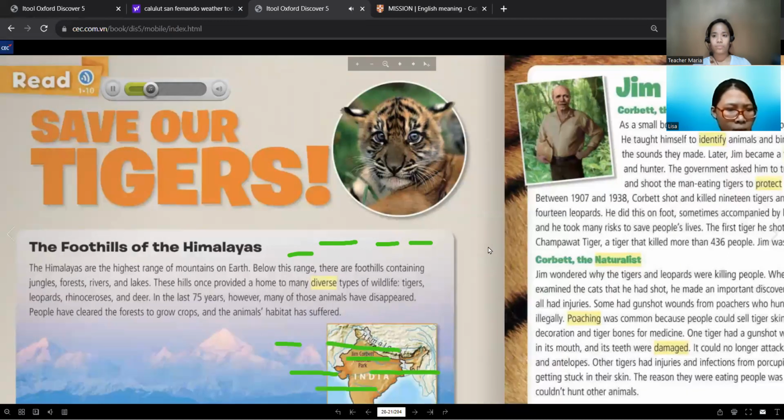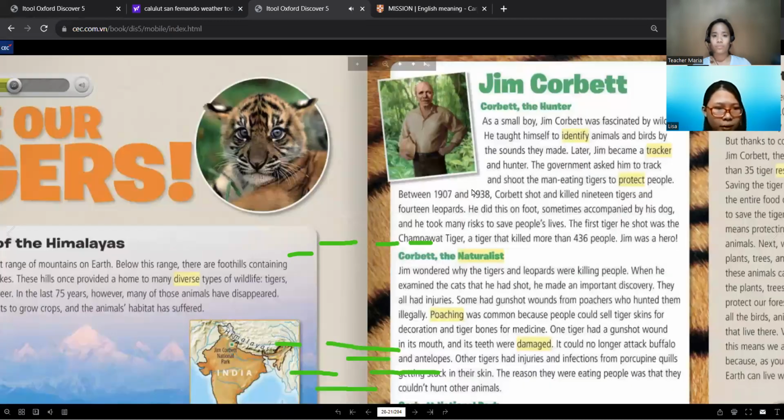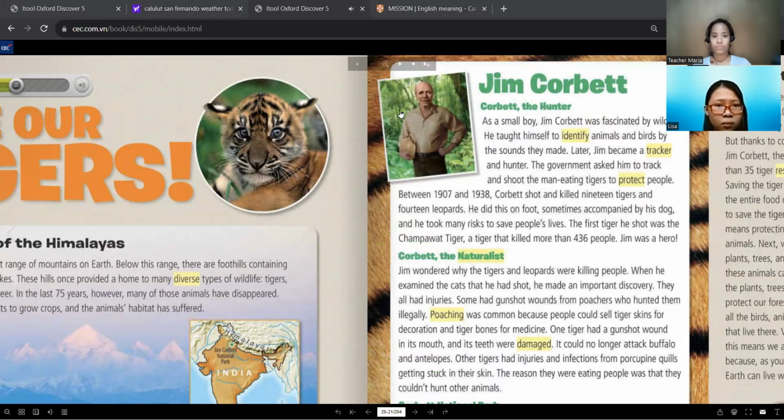Corbett the hunter. As a small boy, Jim Corbett was fascinated by wildlife. He taught himself to identify animals and birds by the sounds they made. Later, Jim became a tracker and hunter. The government asked him to track and shoot the man-eating tigers to protect people.